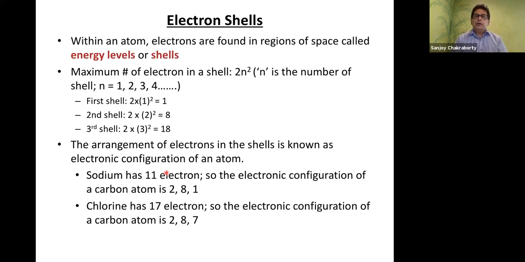Okay. So now the question is, how can sodium be 8 at the outermost shell? This is the outermost shell. So what they can do, they can accept 7 more electrons right here. If they accept 7 more electrons, they become 2, 8, 8. They're stable. Or there is another way, they can lose this electron. If they lose this electron, they become 2, 8. Now the second shell becomes their outermost shell, and they are stable.